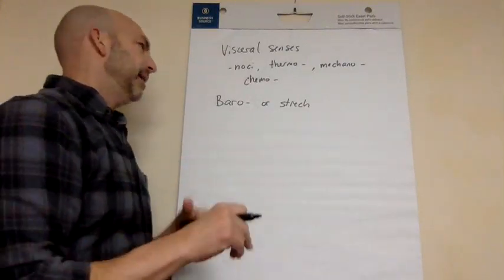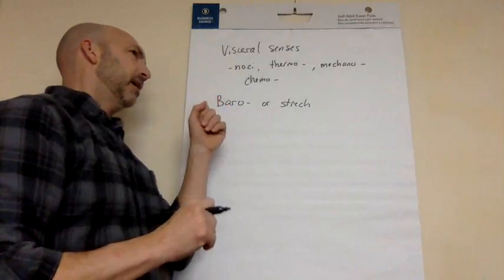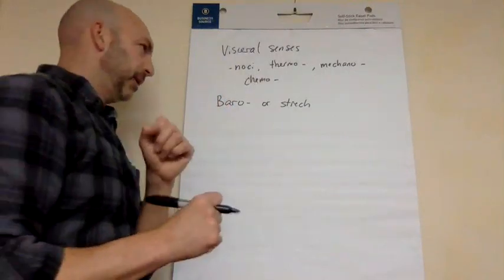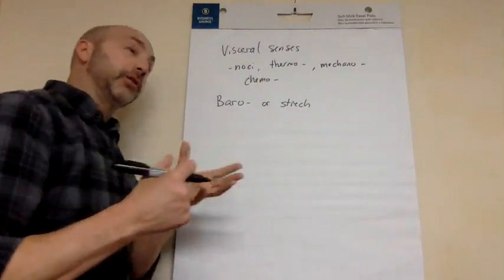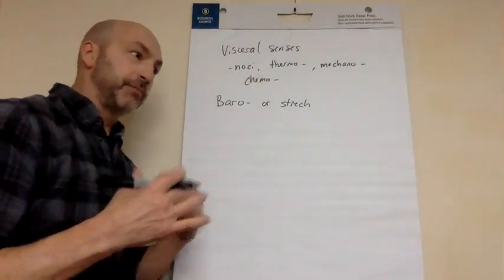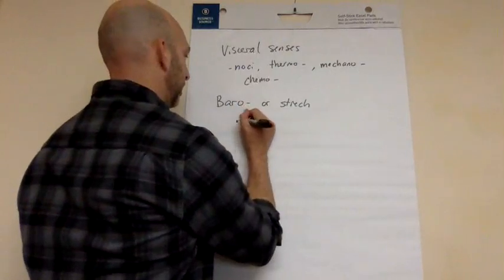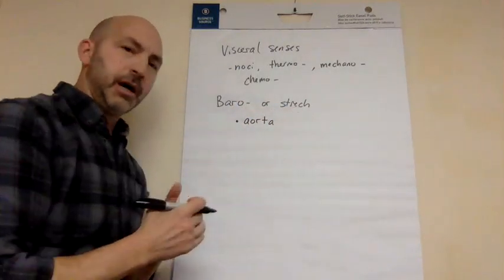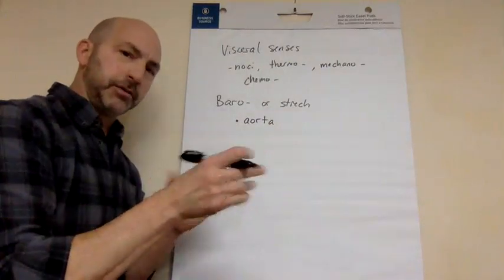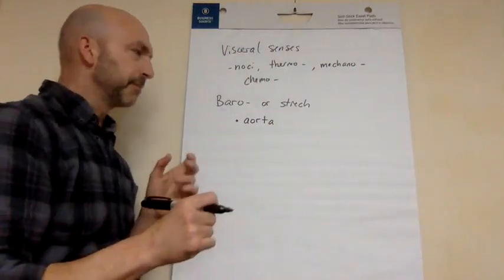And these guys are found in some very specific regions, and there's a cardiovascular set that's largely about telling you about blood pressures, right? And so they are found in the aorta. That's the largest artery carrying blood right out of the heart to your whole body, minus the lungs.